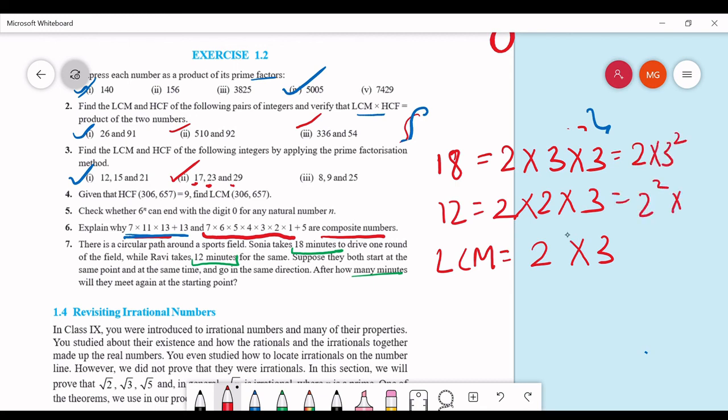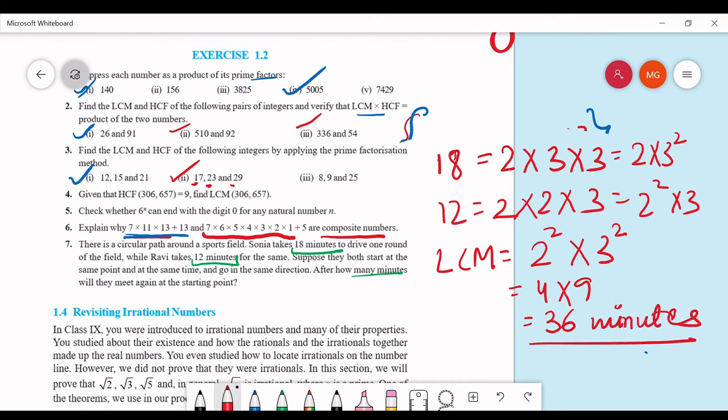The maximum power for 2 is 2 and the maximum power for 3 is 2, right? So you'll be getting 4 multiplied by 9, and your answer is 36 minutes.